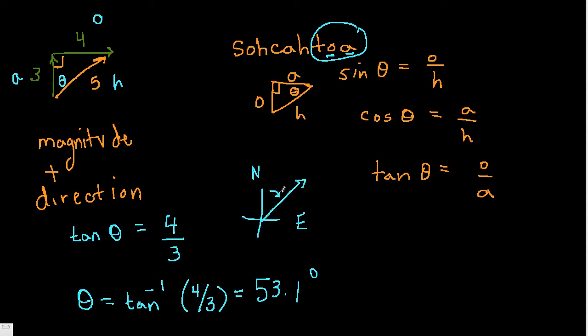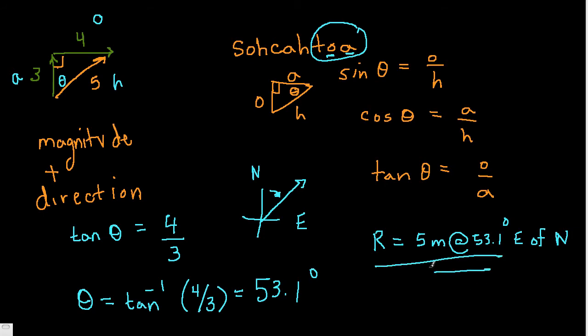So I would say R is equal to 5 meters at 53.1 degrees east. That's the direction I've rotated from, but we say east of north.